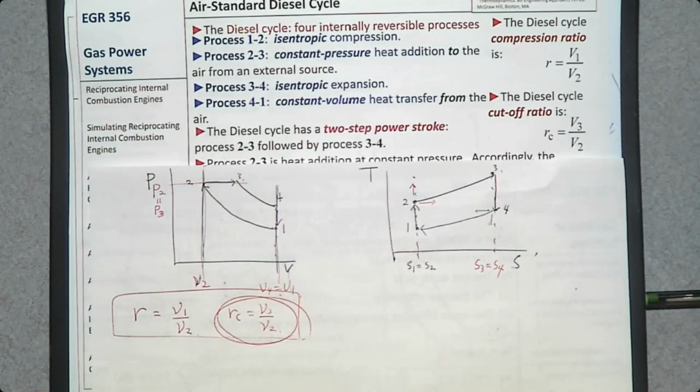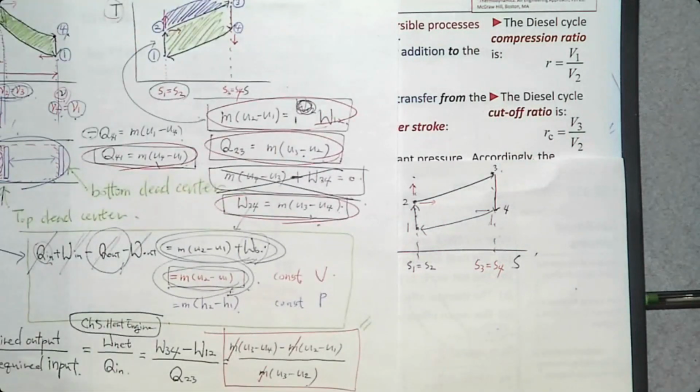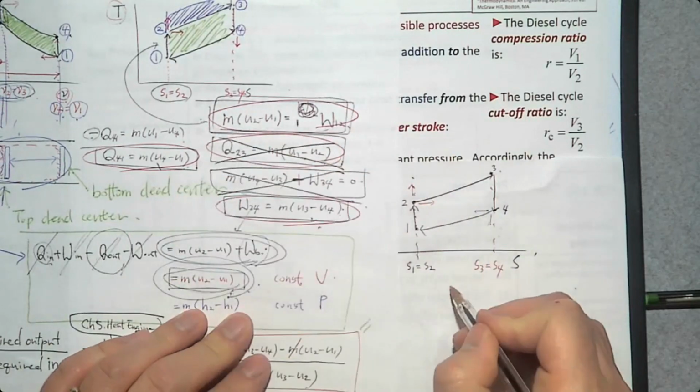Okay, that's it. How can we determine the energy balance equation? Of course, everything should be the same except process 2 to 3. So except this one, everything should be the same.